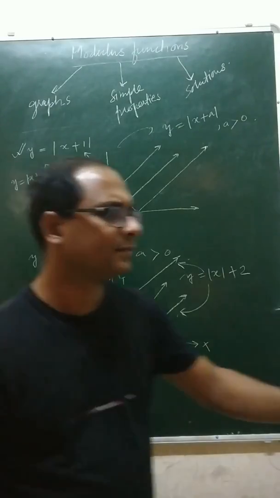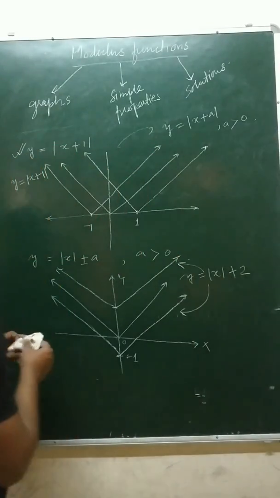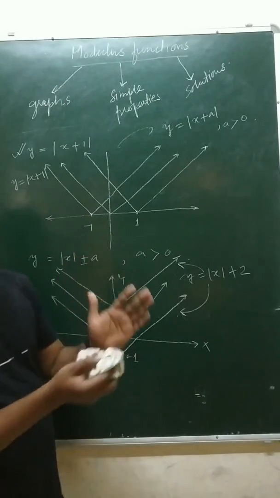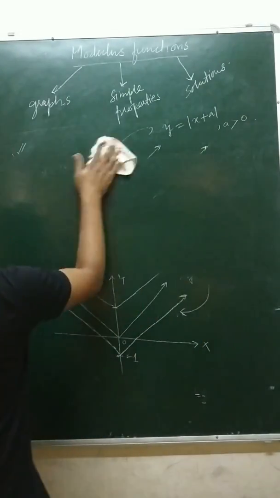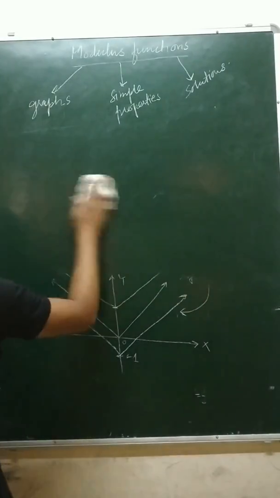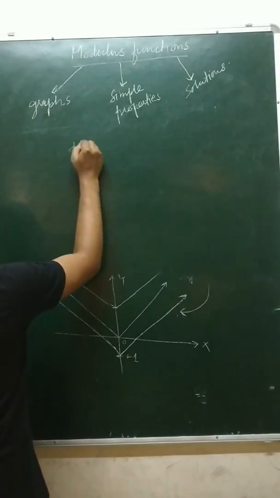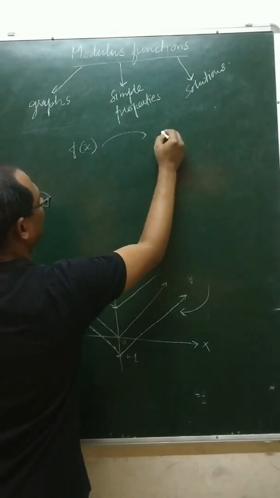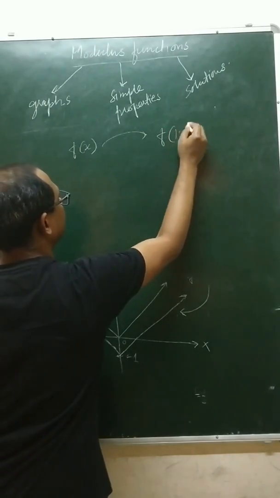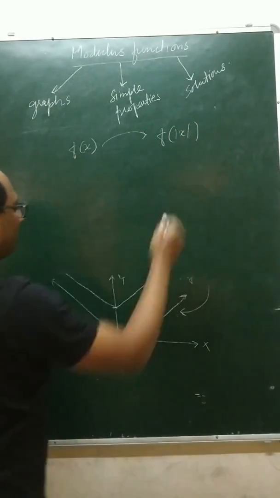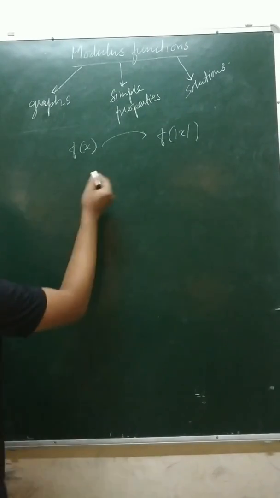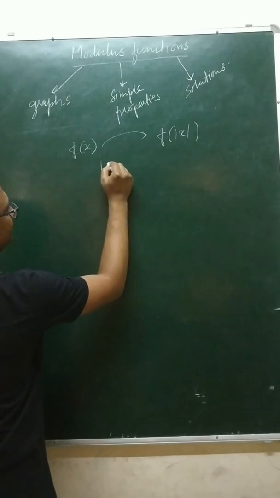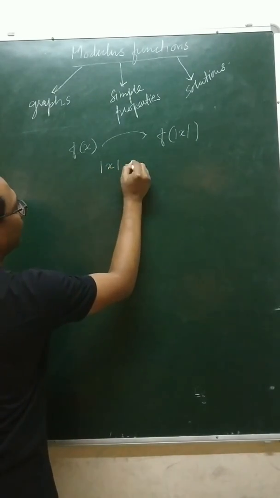The last transformation, the last one. With that we can go ahead with the solutions. The last transformation I want you to know is this, when f(x) transforms to f of modulus of x. I'll take one example. Suppose now we know how to draw y equal to x minus 2.